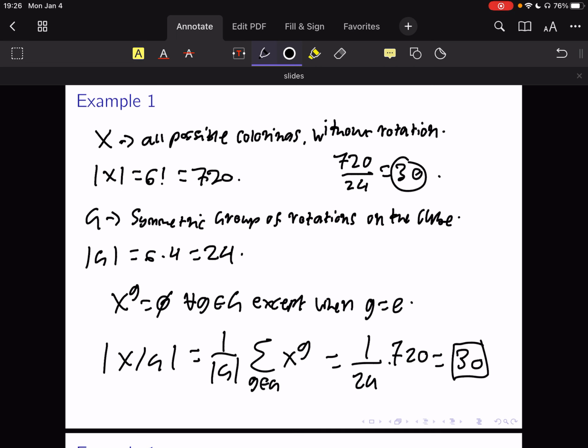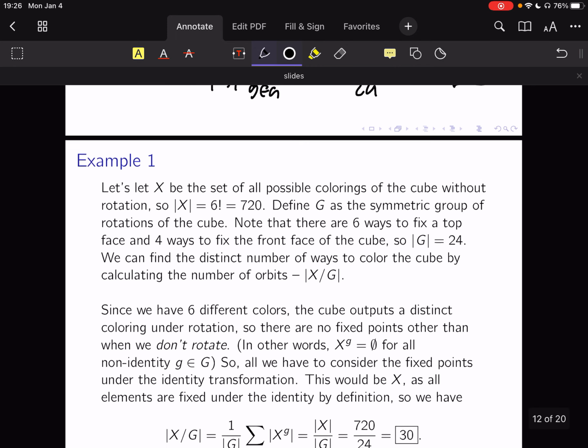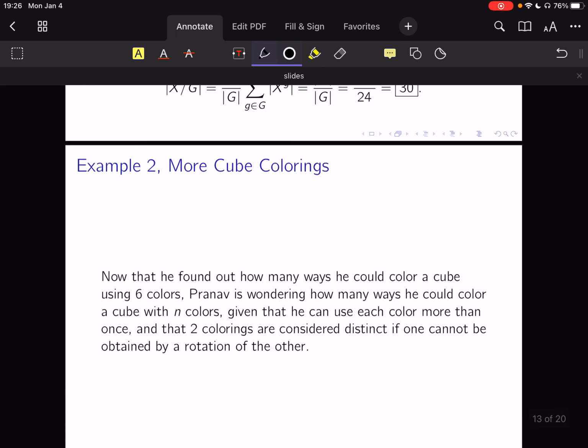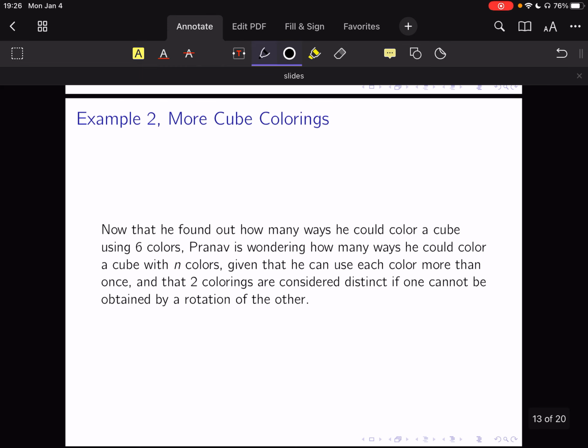It also pertains to colorings of cubes. This is just a typed up version of the solution, so you can pause and read if you don't like the handwritten one. Let's look at example 2, which is more cube colorings.